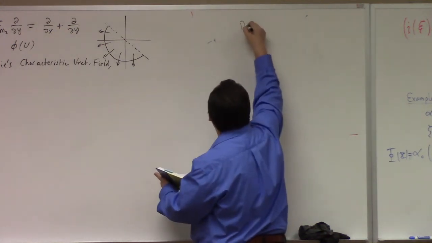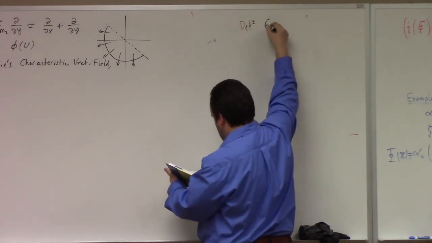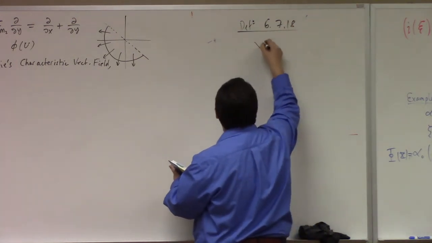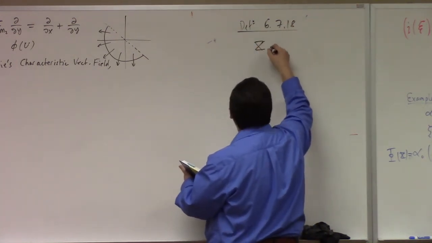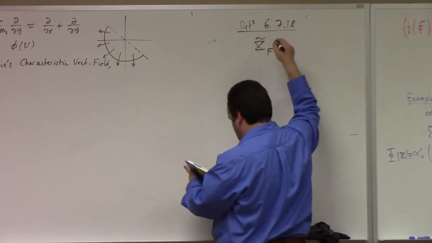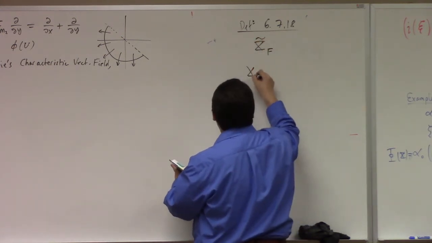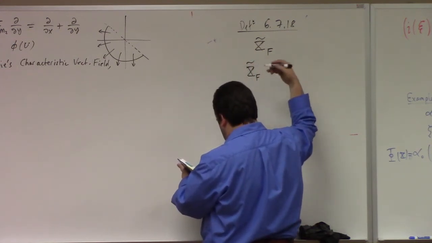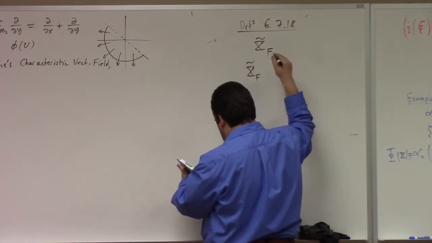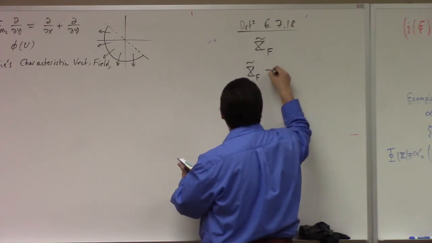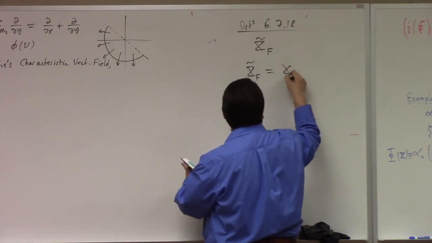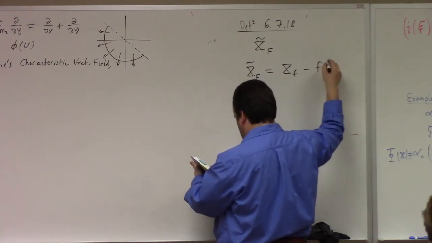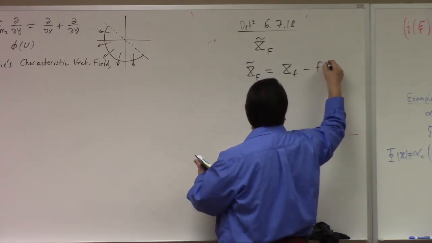Anyway, definition 6.7.18, I won't write down the details, but it defines x sub f tilde. And then we're told that x sub f tilde is related to x sub f. You take x sub f and you subtract f times the Reeb field.